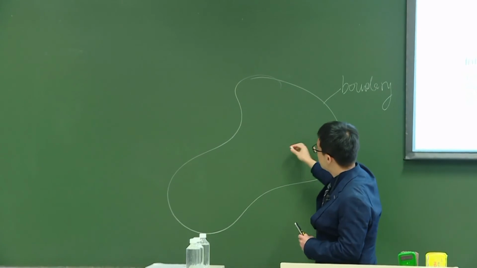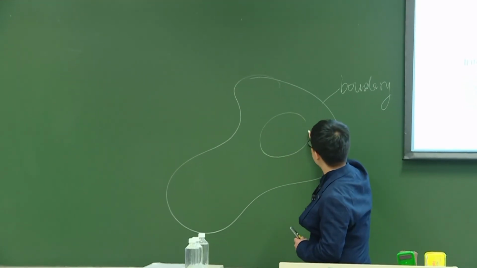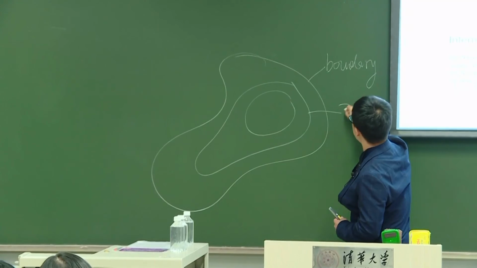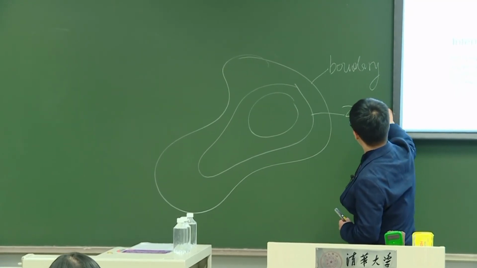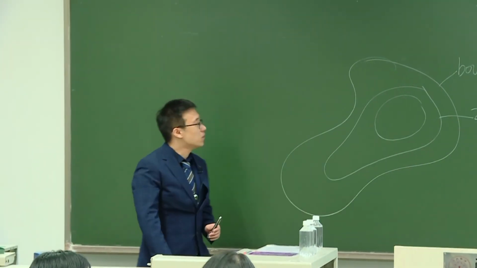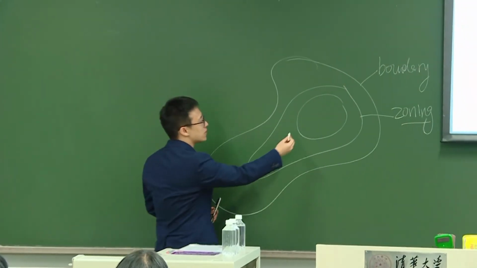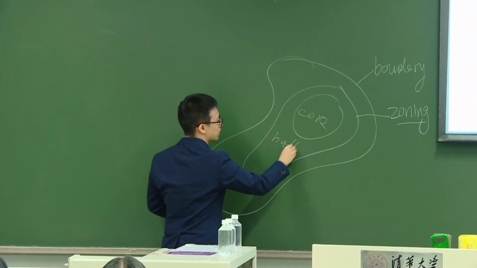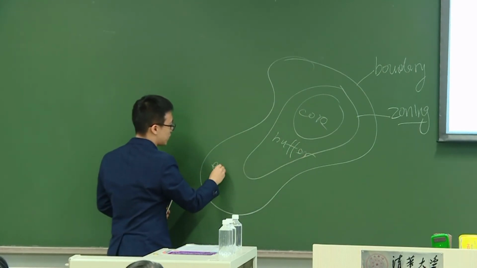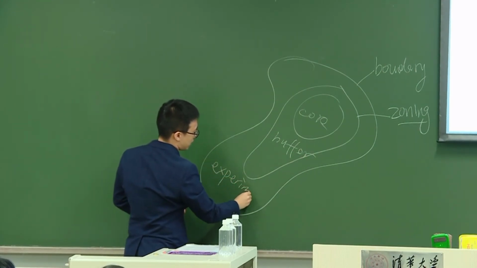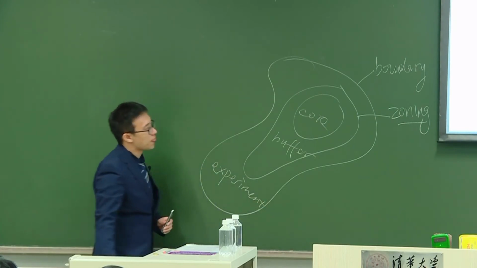And then usually most protected areas have a core zone and other zones. We call this the zoning system. Because even in protected areas, not every region is the same. So sometimes we separate, for example, the core zone, the buffer zone, and also the experimental zone. This is a zoning system for nature reserves in China.